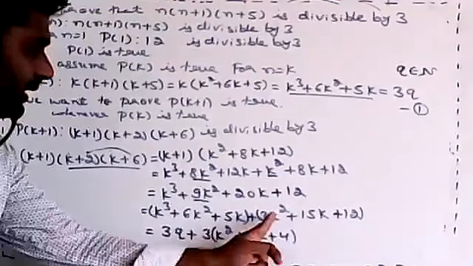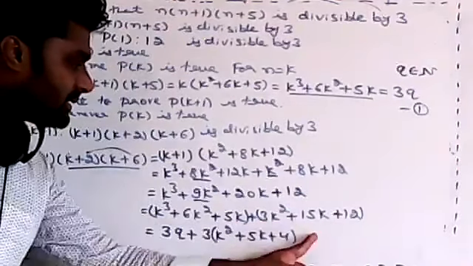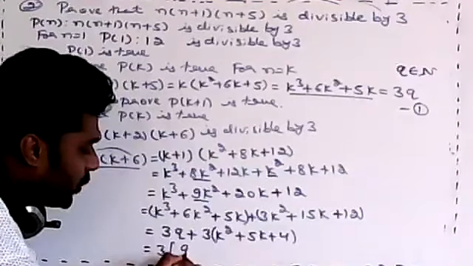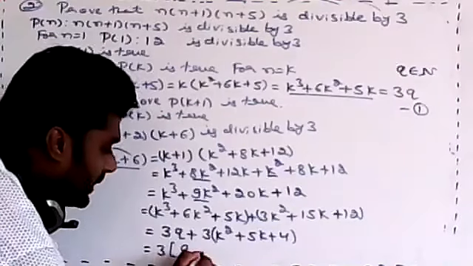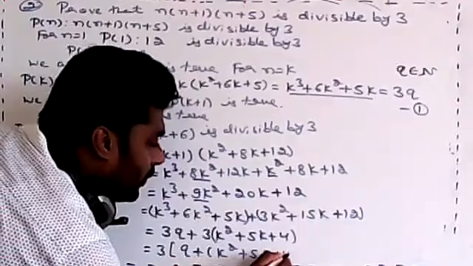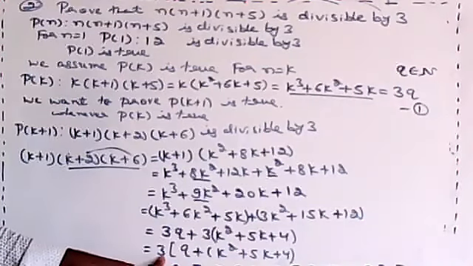Correct? If I take 3 common, remaining is k square plus 5k plus 4. So again you take 3 common, remaining is what? 3 cube plus 3 into k square plus 5k plus 4. Which means what? It is divisible by 3. Clear or not this one? So 3 is outside only, no? It means divisible by 3.